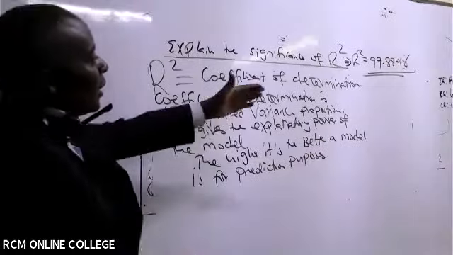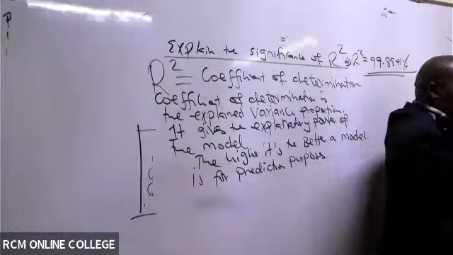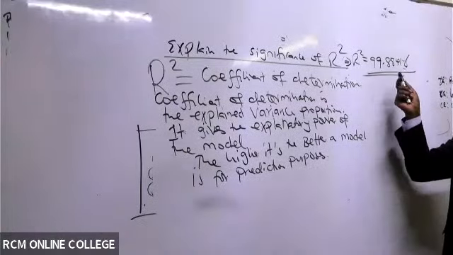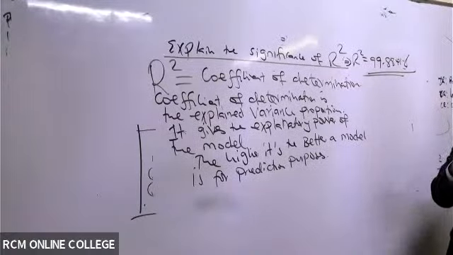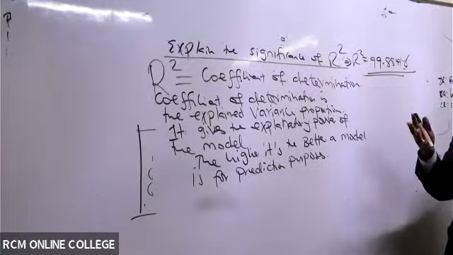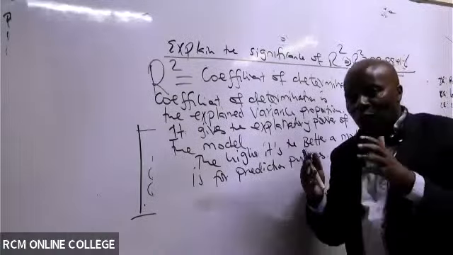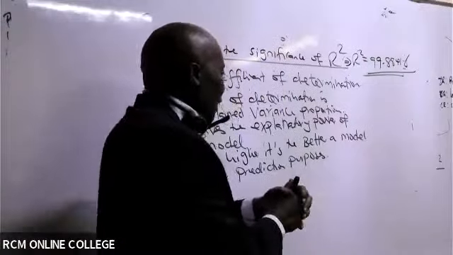You can see this is almost 100%, because 100% is the highest level for R squared. So this is very high, meaning that our model has a very high explanatory power. It means automatically that the predictions this model will give us will be very accurate.